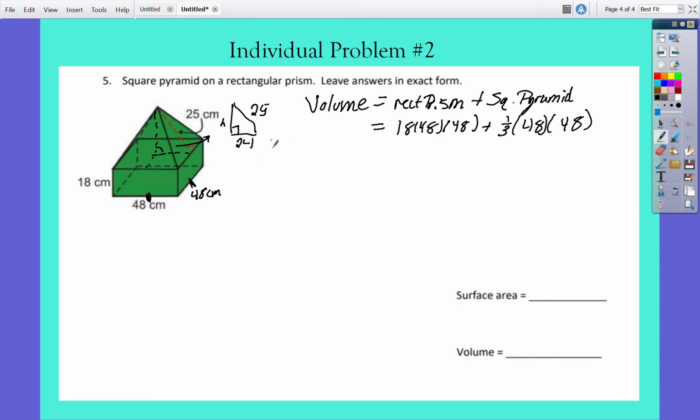If I were to start writing this out, we'd have h squared plus 24 squared equals 25 squared. Whenever I start doing this, if I subtract 24 squared from each side, I'd get 25 squared minus 24 squared.